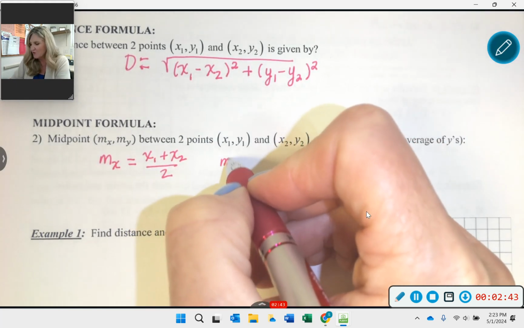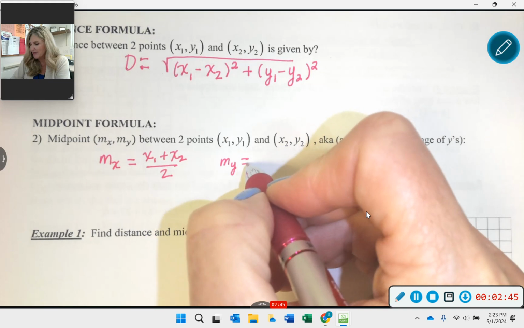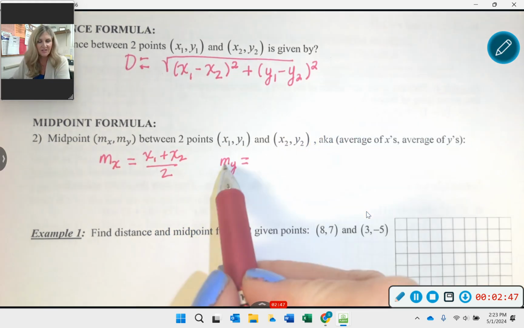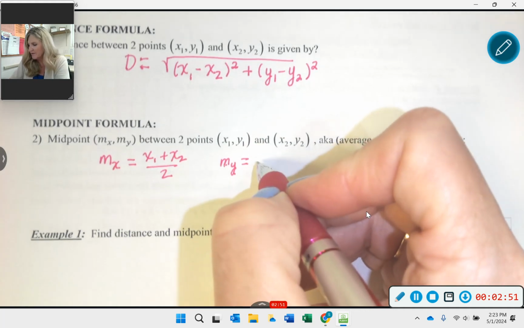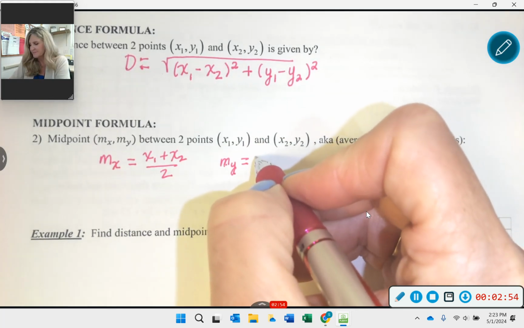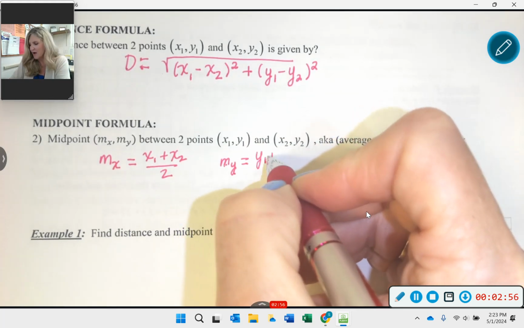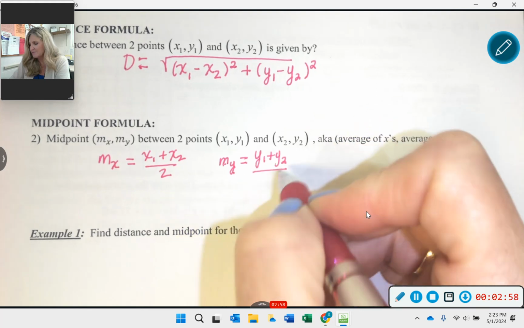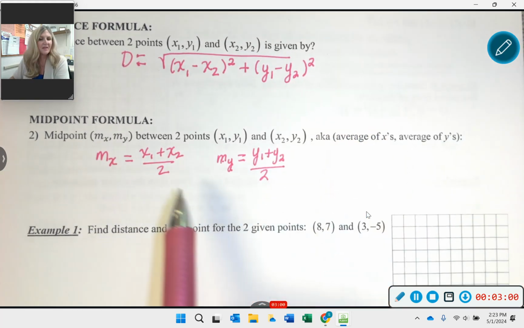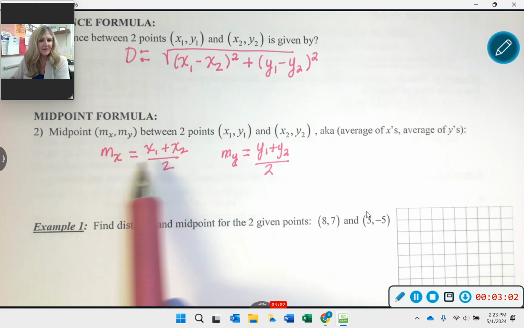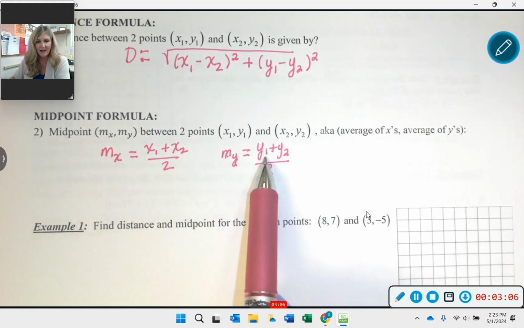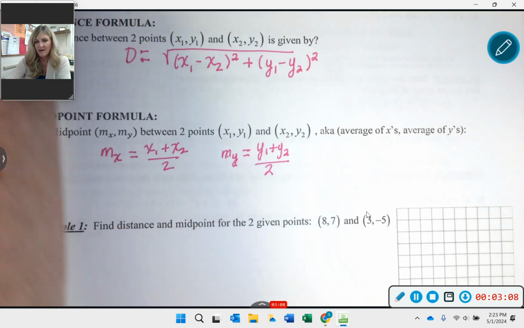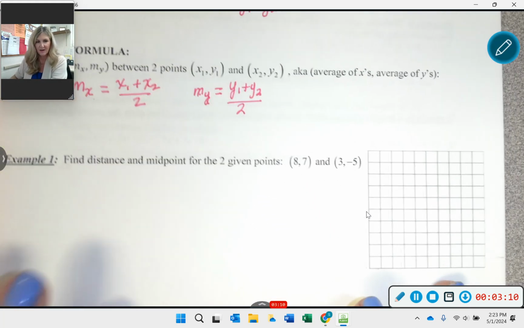If we want to find the y value of the midpoint, and I like to use this notation, midpoint sub y means y value of midpoint, what do we do then? Add up the y's and then divide by 2, right? So it's going to be the average there. So the x value for the midpoint is that, and y is this.